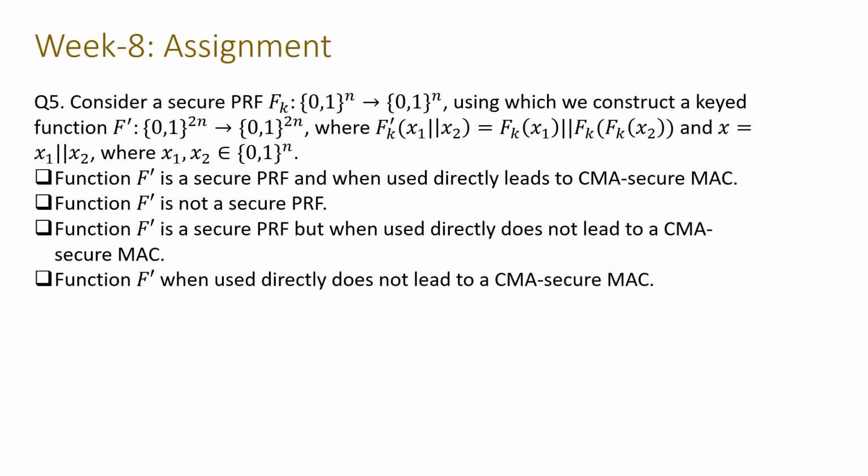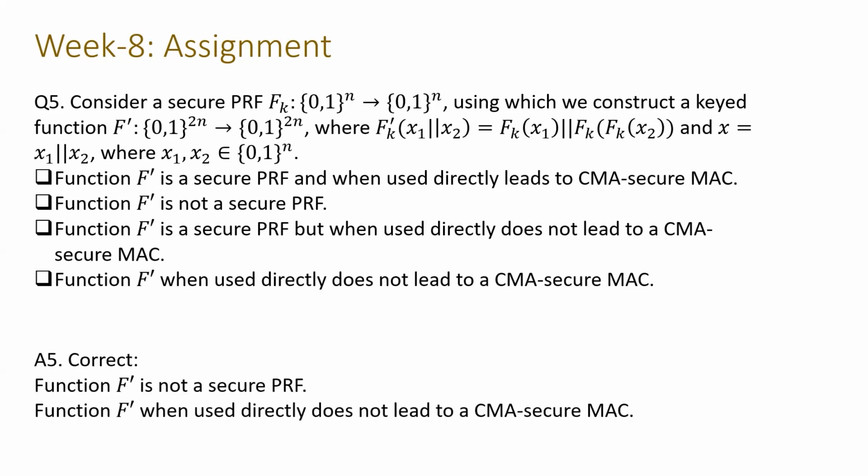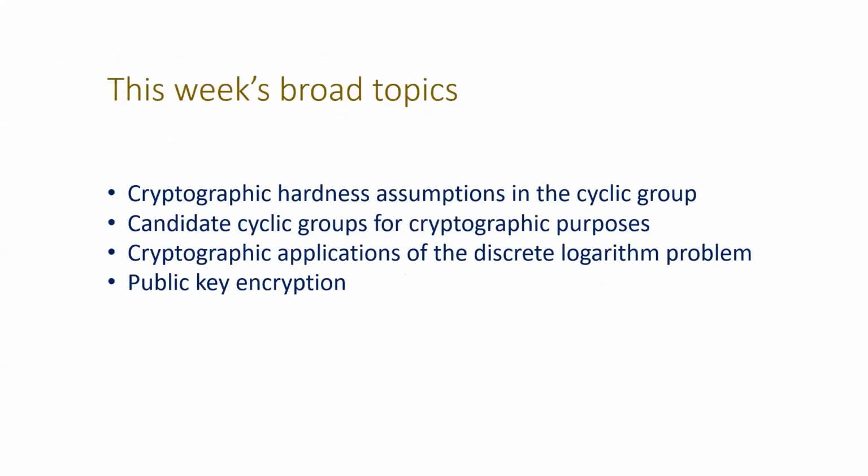So with non-negligible probability, it is able to distinguish between these two cases. So F dash is not a secure PRF, and as it is not secure, F dash, when used directly, does not lead to a CMA secure MAC. Okay, so the second and fourth options are the correct options.